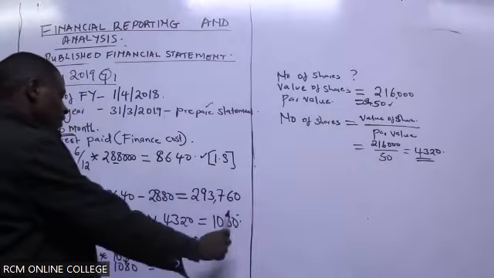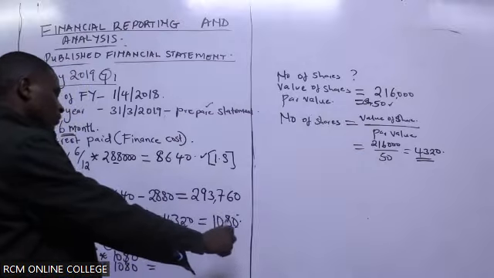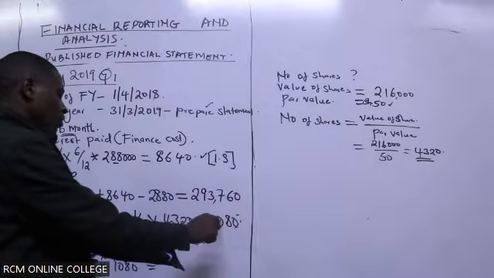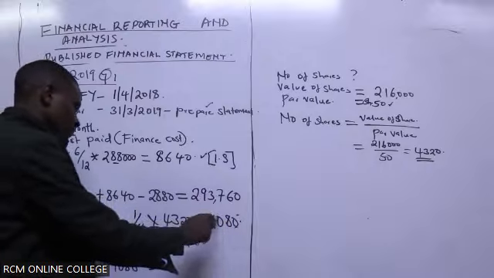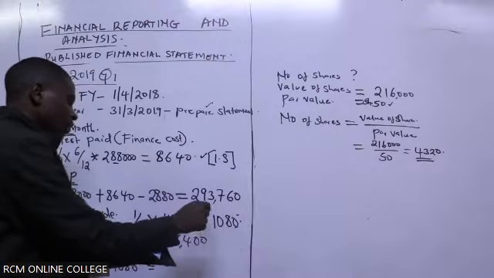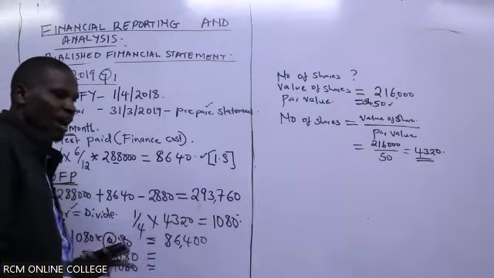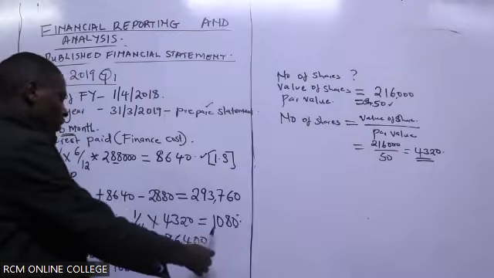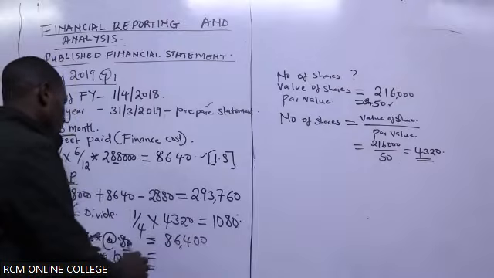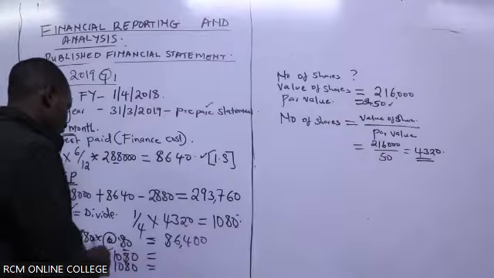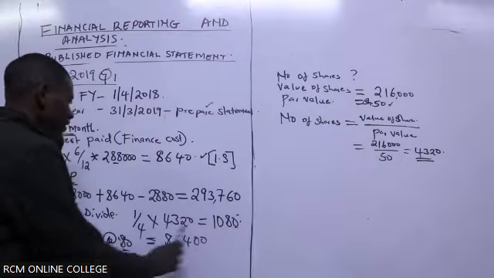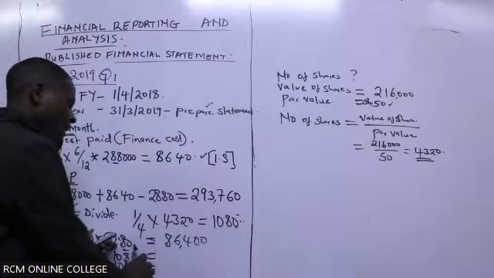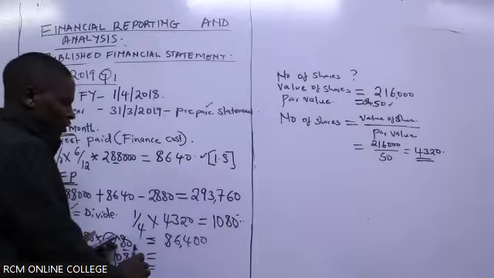And the number of shares, of course, we have computed here. Now, for this number of shares, we wanted to see the total value. If each share was going at 80, we multiply the number of shares, 1080, times 80, the price of issue.